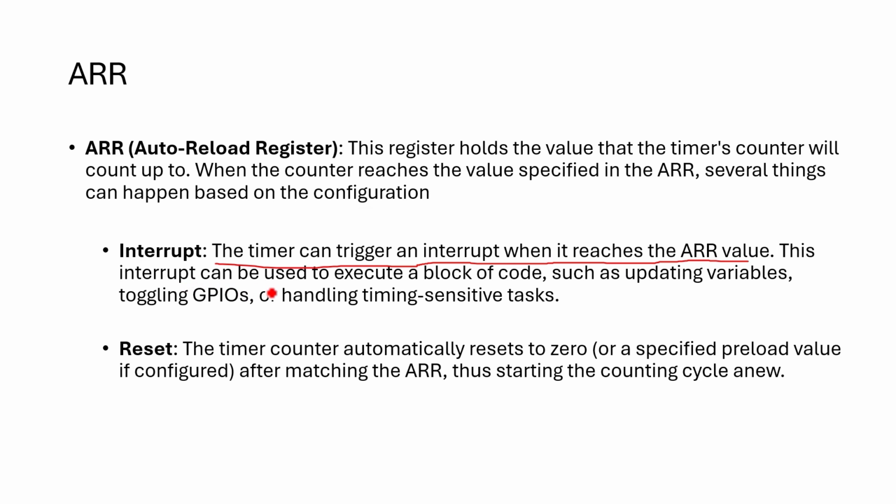This interrupt can be used in your application to execute a block of code, such as updating variables, toggling GPIOs, or any other task. And whenever the counter's value reaches the ARR value, the counter resets. The counter automatically resets to 0 or a specified preload value after matching the ARR. That is very important, thus starting a fresh counting cycle.